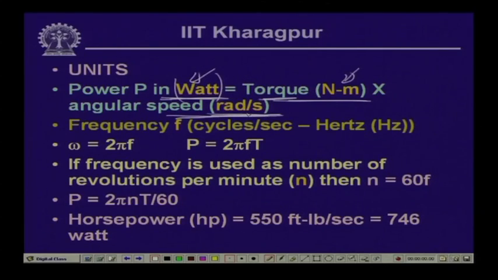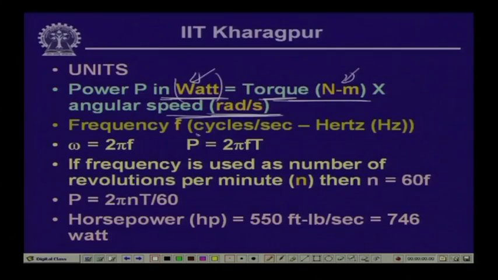Now, many a time we define the angular speed of the shaft which is transmitting power in terms of the frequency, that is, how many revolutions it has. So, 1 revolution per second is called the frequency or hertz, we call this cycles per second.